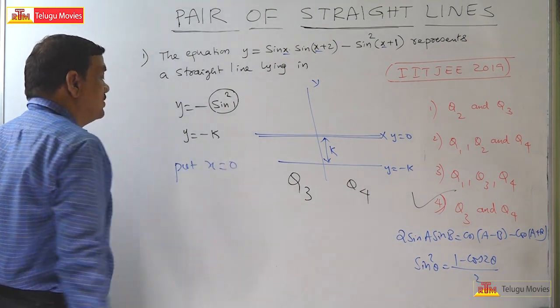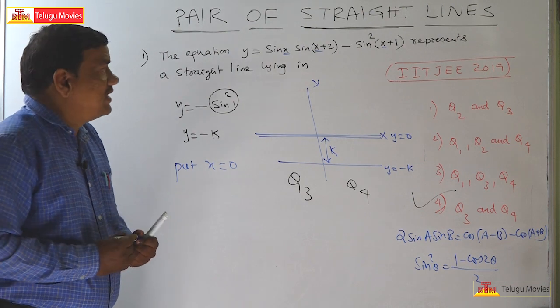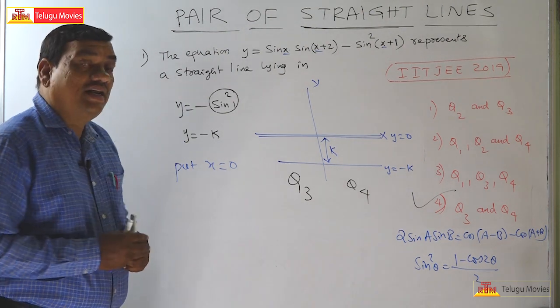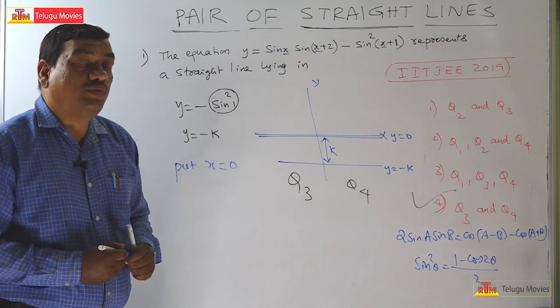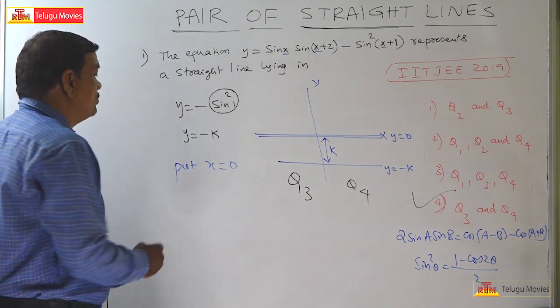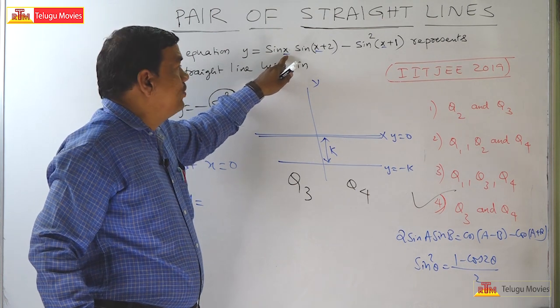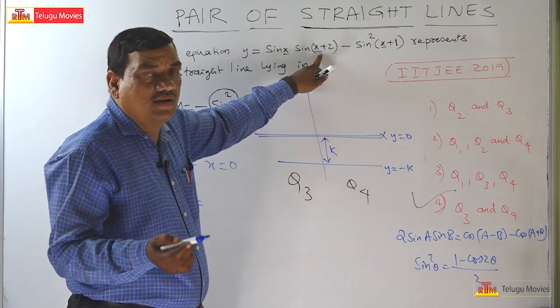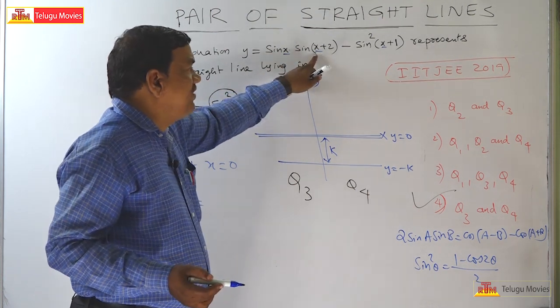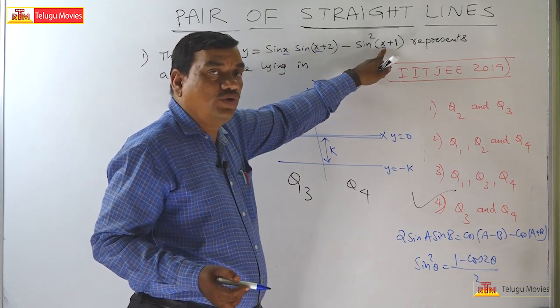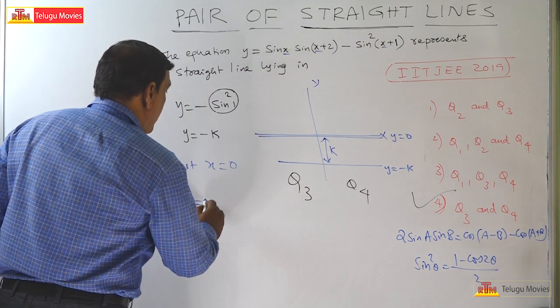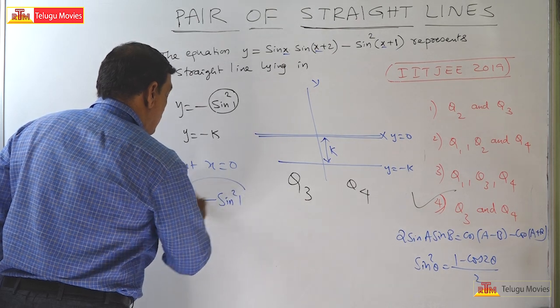You can put x is equal to 0, no problem. Why? Because that is an identity, it is valid for any value. So put x is equal to 0, what happens? So y is equal to sin 0, that is 0, sin of 2, that is a finite value, 0 into a finite value is 0. Here also put 0. So this is equal to minus sin square 1 you got.